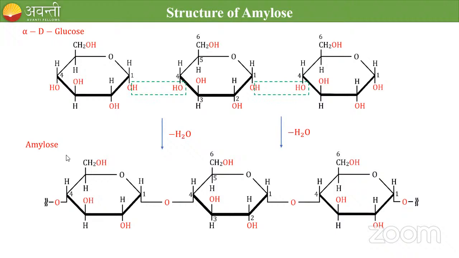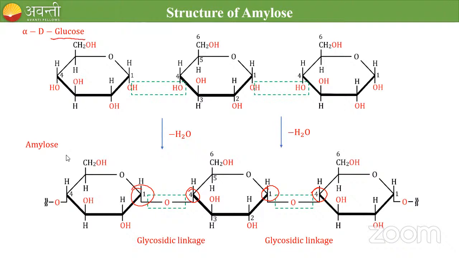And you all know, the oxygen linkage is called a glycosidic linkage, and we have carbon number 1 and carbon number 4, a C1, C4 linkage in amylose. You don't have to memorize the structure. Even if you forget, you can recall the structure of glucose.